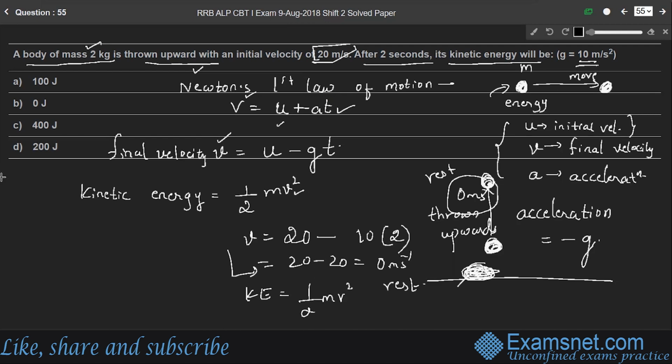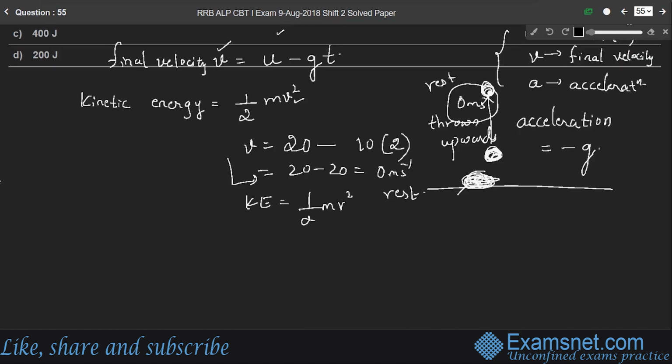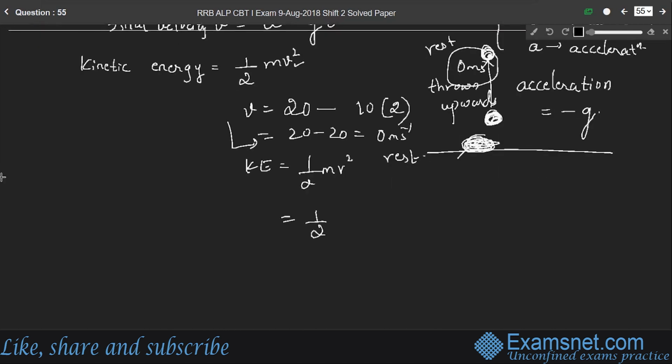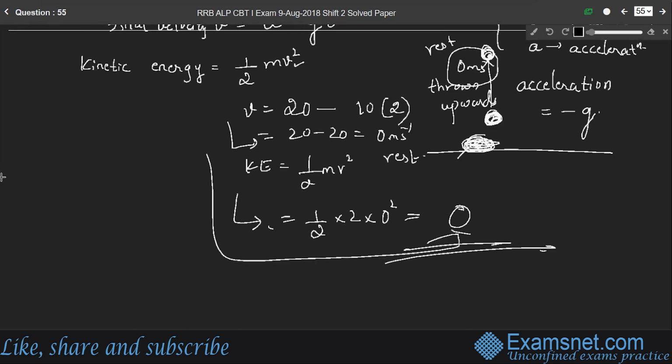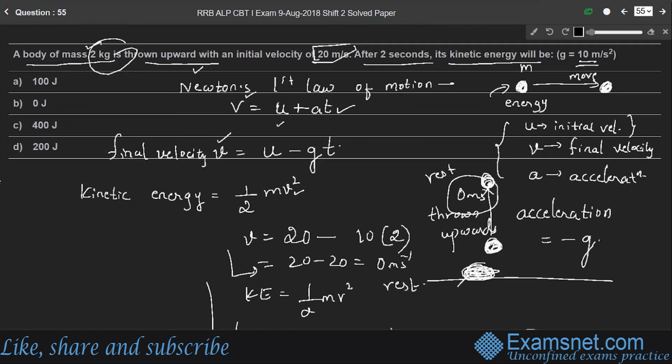The mass of the body is 2 kg, into velocity 0. Therefore, the whole value of kinetic energy is 0. The body has not got any kinetic energy, that means the body is at rest. Therefore, the kinetic energy of the body is 0 joules. Option B is the right answer.